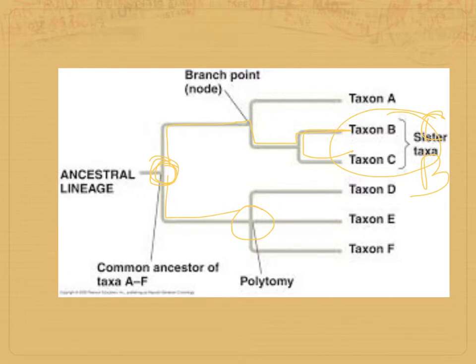Now what you can't do is flip A and B, or A and C, but you can flip C and B with each other. Okay, I hope that makes sense. And then we can say they're rooted in the most recent common ancestor. So if we're looking for where B and C are rooted, it would be in their most recent common ancestor.